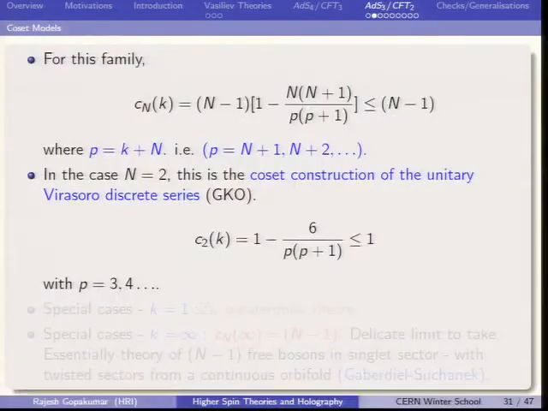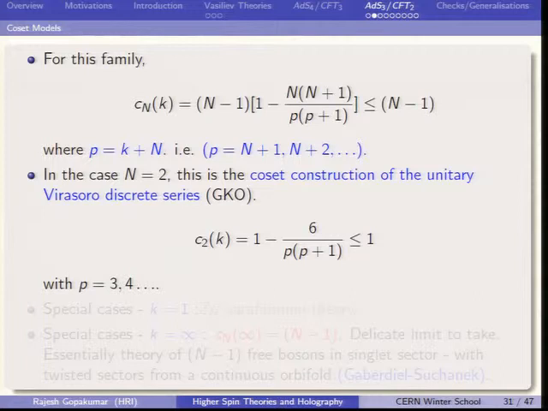In the particular case of n equal to 2, actually this may be more familiar to people because this is actually the family whose central charge is 1 minus 6 over p into p plus 1. These are the so-called unitary discrete series of the Virasoro model.